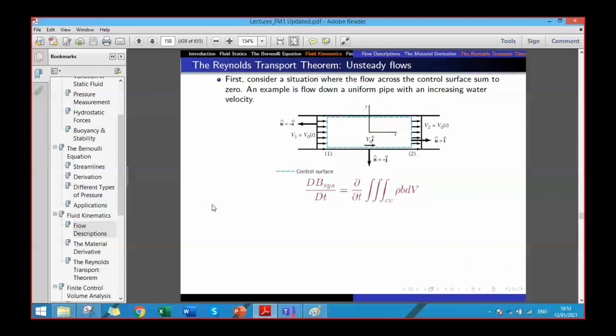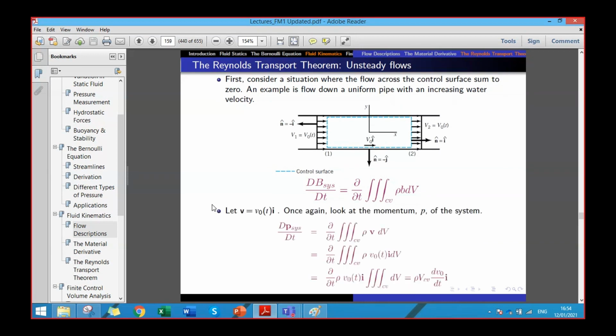When we replace B with mass, we get the continuity equation. When we replace B with velocity, we get the momentum equation. And when we replace B with another property, we get the energy equation. We'll study how these equations are important in fluid mechanics by further discussing the Reynolds transport theorem and its application. We'll also solve some problems related to the Reynolds transport theorem.